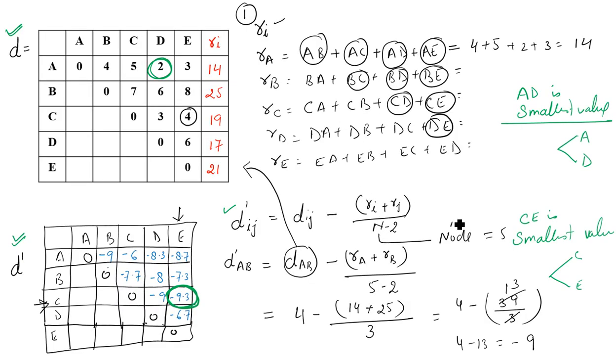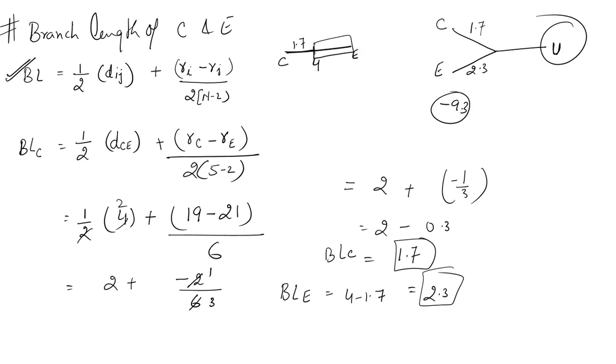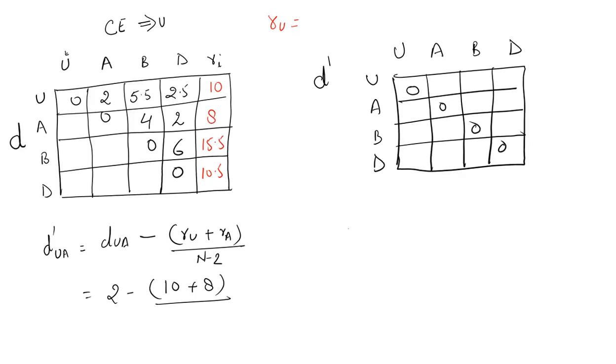Earlier N was 5 because A, B, C, D, E, 1, 2, 3, 4, 5 nodes were there. But now 1, 2, 3, 4, N becomes 4. So 4 minus 2 is 2. So the value is 2 minus 10 and 8, 18. 18 divided by 2 will become 9. So 2 minus 9 equals minus 7.